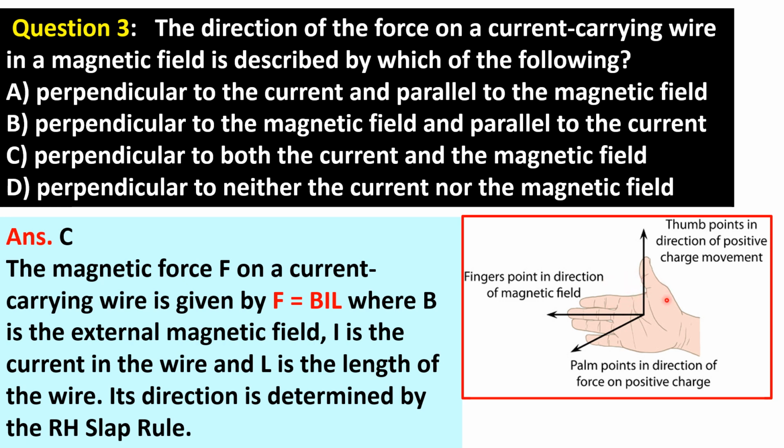In the illustration, the thumb pointing upward represents the direction of a positive charge or a conventional current. The other four fingers will be pointing towards the direction of the magnetic field, which is coming from an outside source, such as a bar magnet.